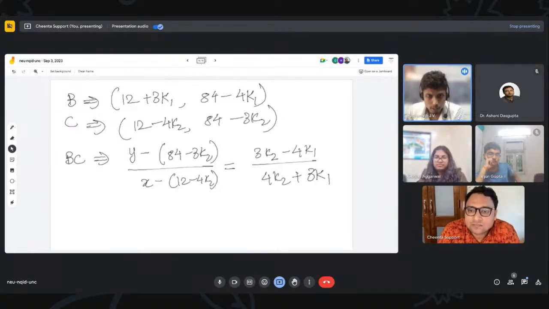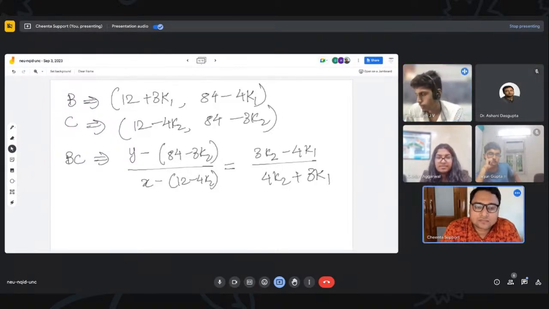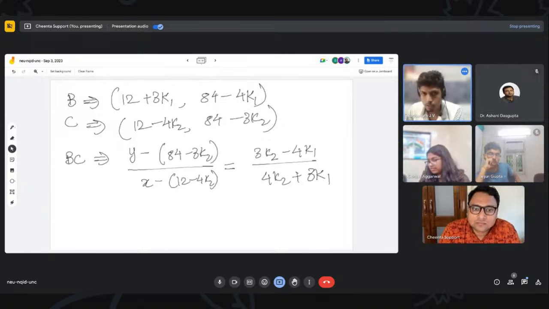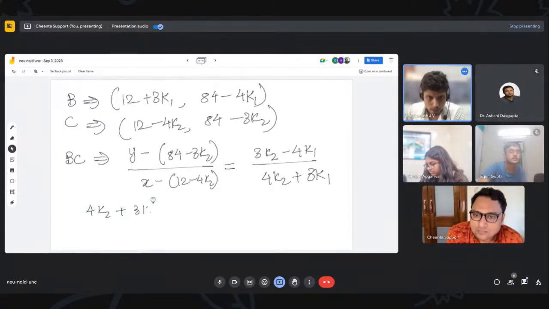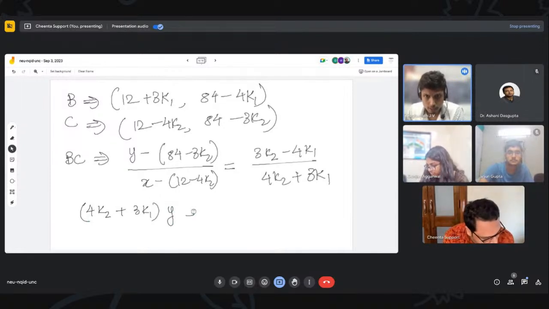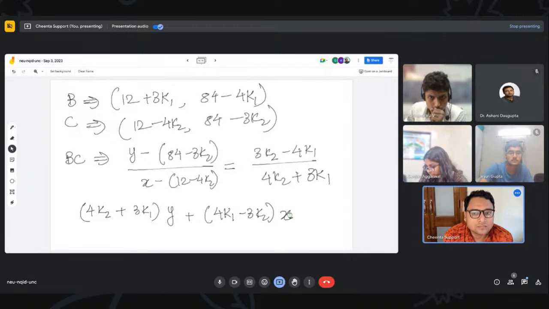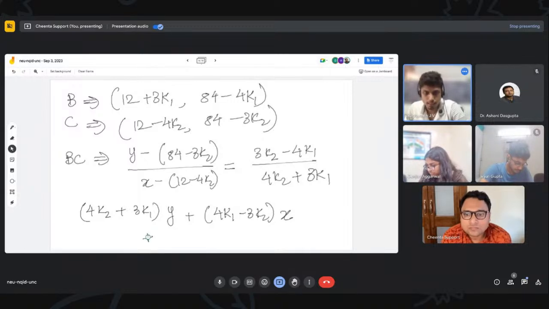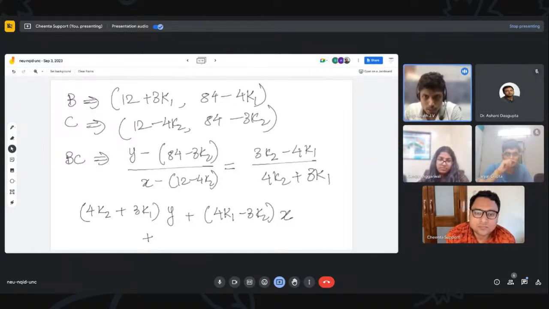Now if I cross multiply, I will get (4k2 plus 3k1) into y, plus (4k1 minus 3k2) into x, and then plus what will we get? And if I just substitute, I should get 60. Okay, so this will be important.